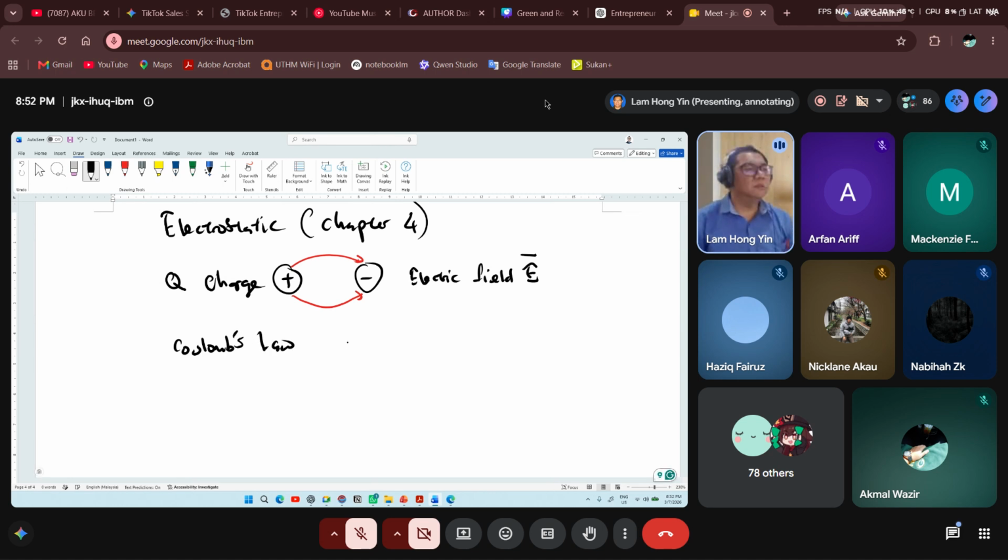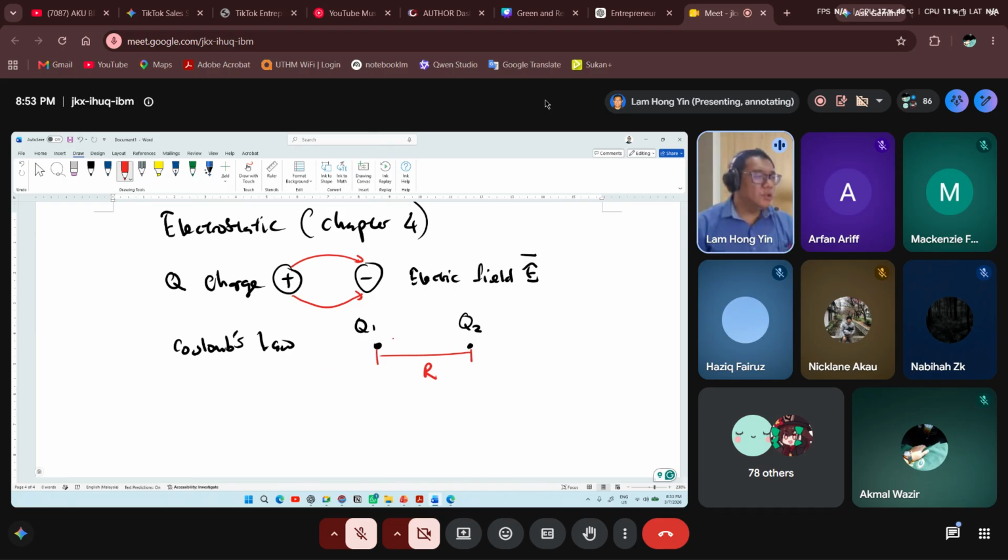What we mean by Coulomb's law is, if you have two charges, no matter whether positive or negative, as long as I have two charges and a distance between them, for example this is R, the charge itself will generate a force, right?